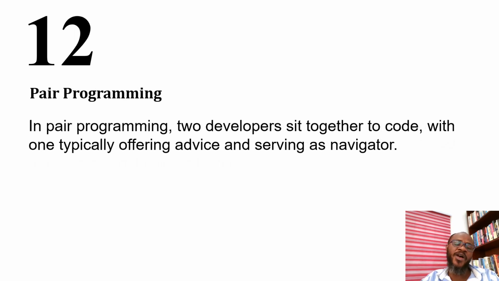Then finally, we look at pair programming. In pair programming, 2 developers sit together to code, with one typically offering advice and serving as navigator. It improves the software they write, okay, and is aimed towards quality objectives.